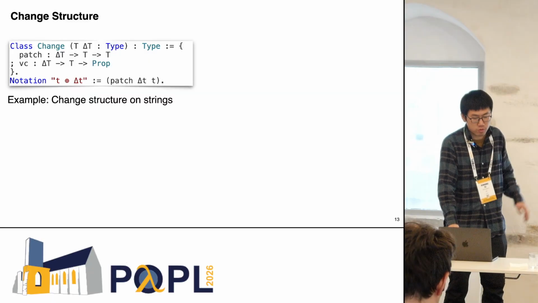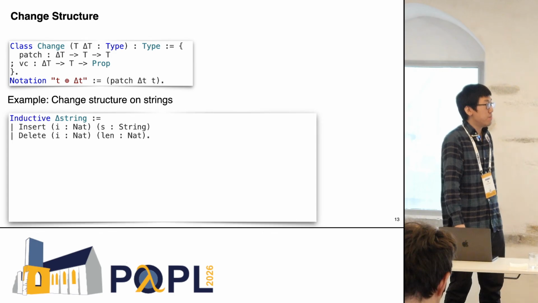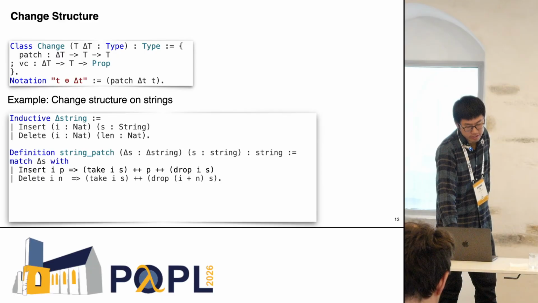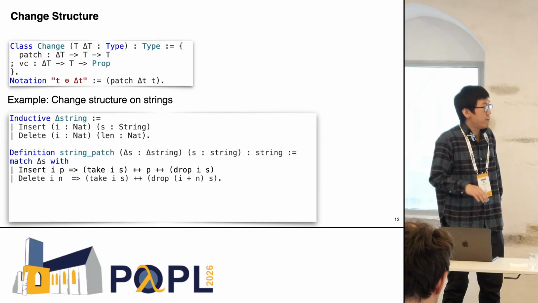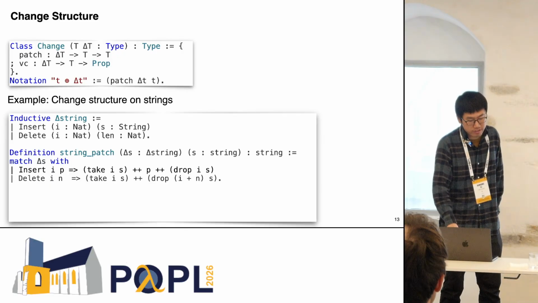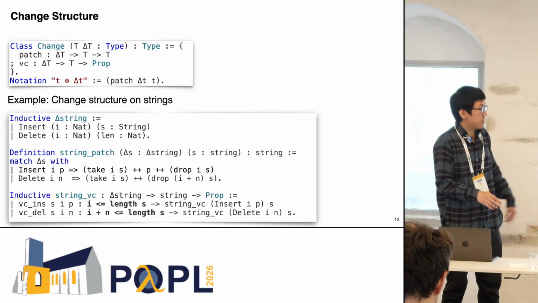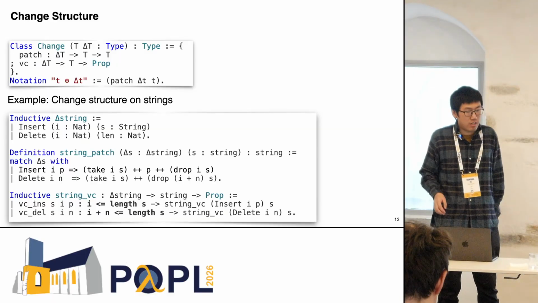And let's just go to the change structure on strings, which we have seen part of it. These are the possible types of changes to a string, insertion or deletion. And now we can define the patch function for updating the string by the changes. And finally, this is the new part where we specify a valid condition for the string changes.